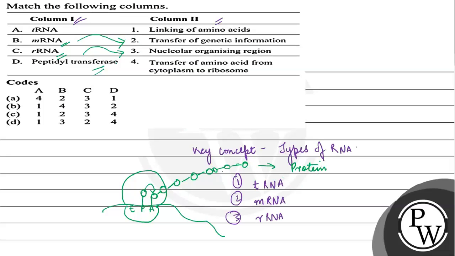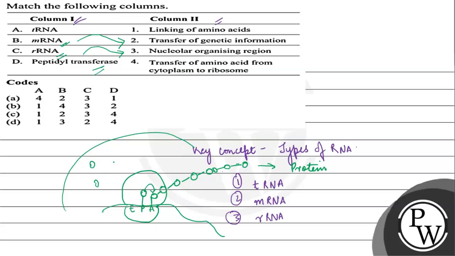So peptidyl transferase is responsible for linking of amino acids, and tRNA is responsible for transfer of amino acids from the cytoplasm to the ribosome. Suppose this is the ribosome, and this is the cytoplasm.